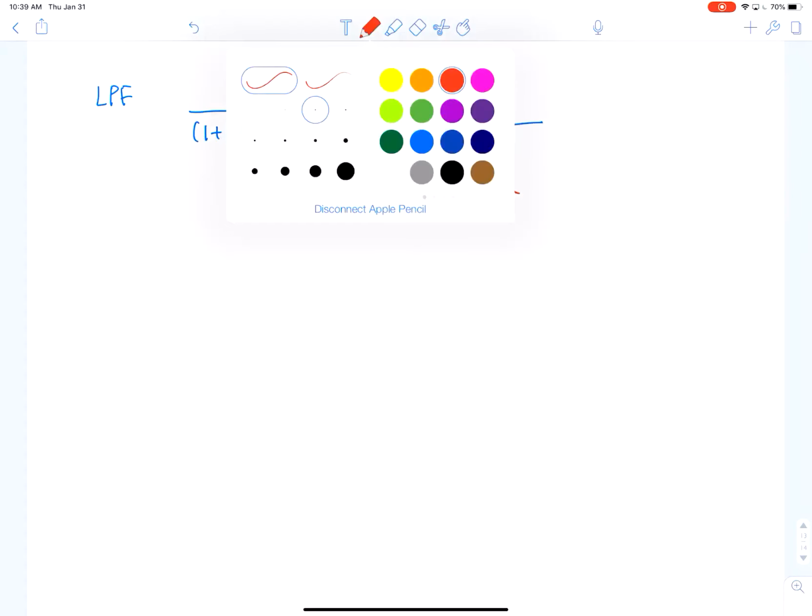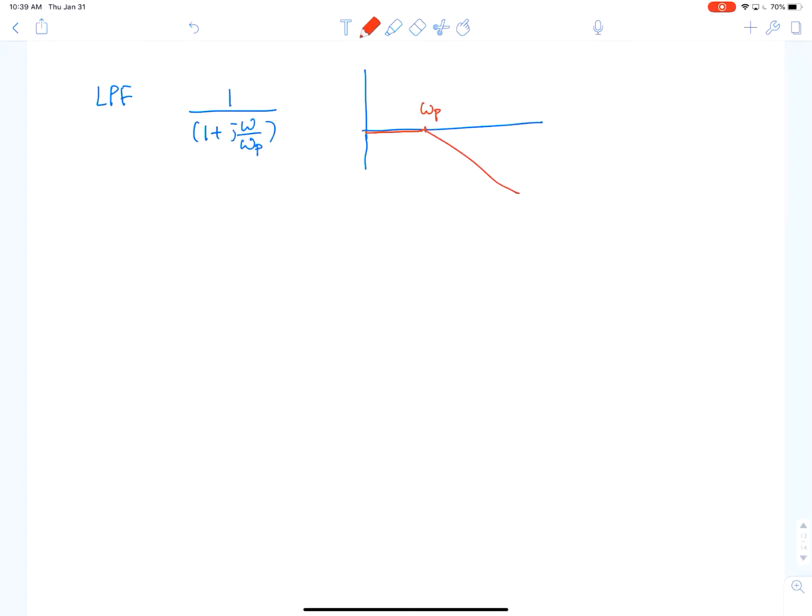And if you have a low pass amplifier, now you have something like A0 over 1 plus j omega over omega p, just like the op-amp we discussed.